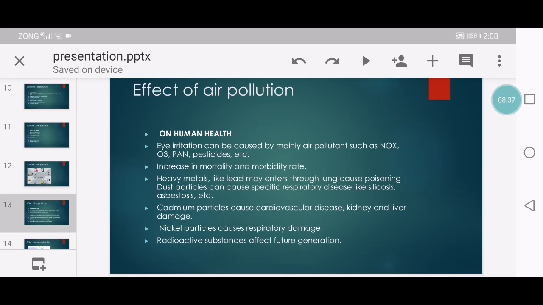Cadmium particles cause cardiovascular disease, kidney and liver damage, and nickel particles cause respiratory damage. Radioactive substances affect future generations. It means radioactivity can damage the DNA in our cells.